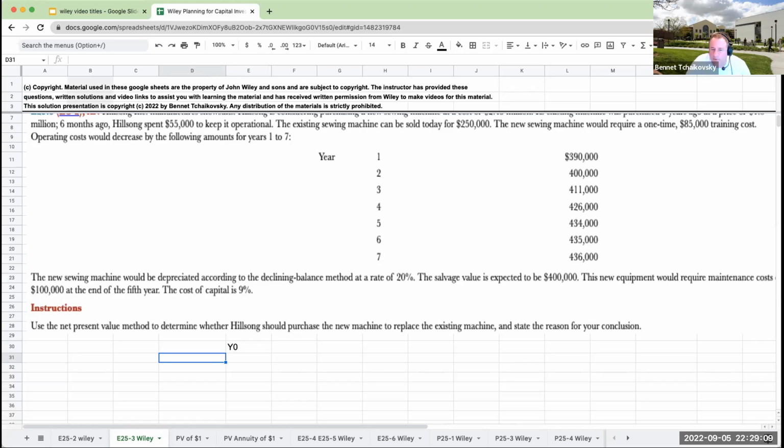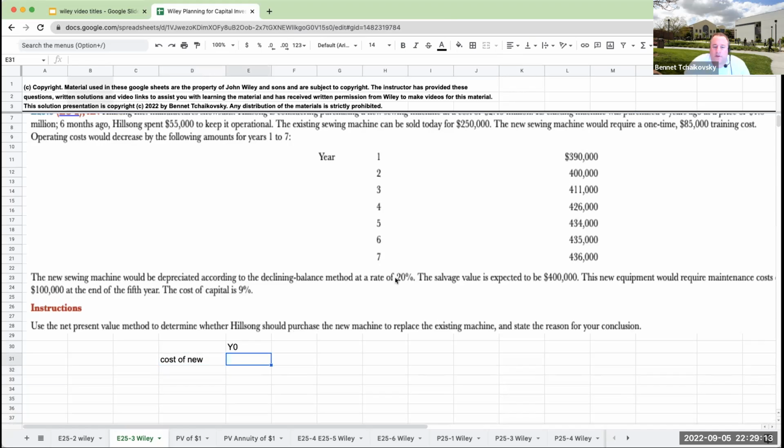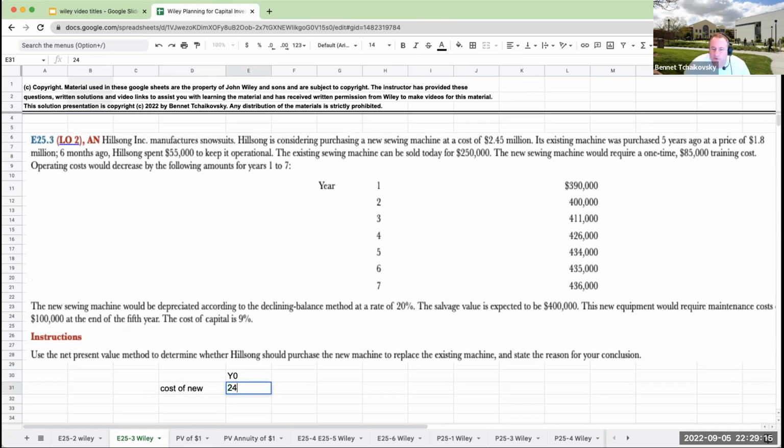Well, we basically have the cost of the new machine, which is $2,450,000, less the old machine sale. If I sold the old machine now, I would make $250,000.